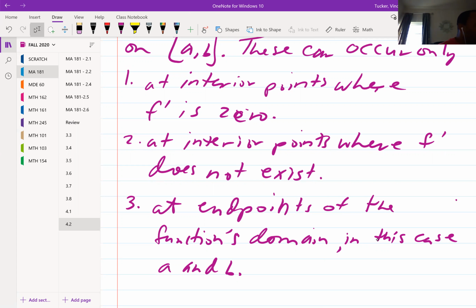All right. As a matter of fact, let me draw this diagram.